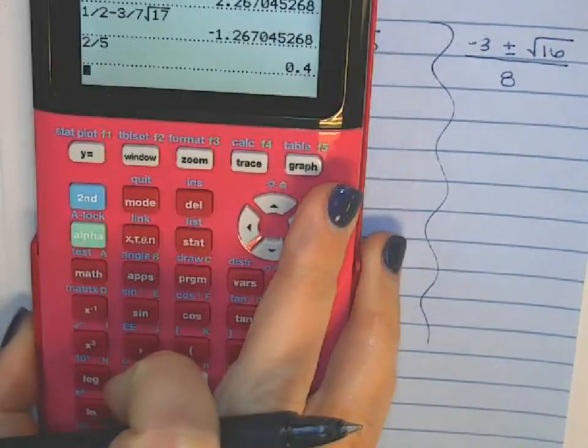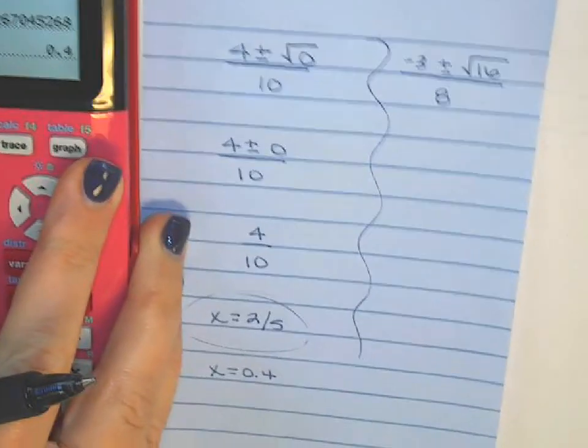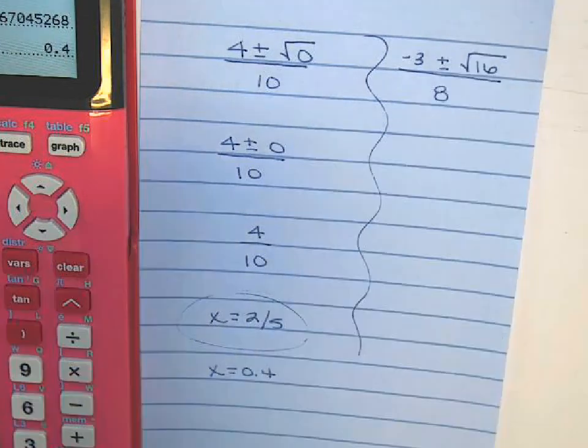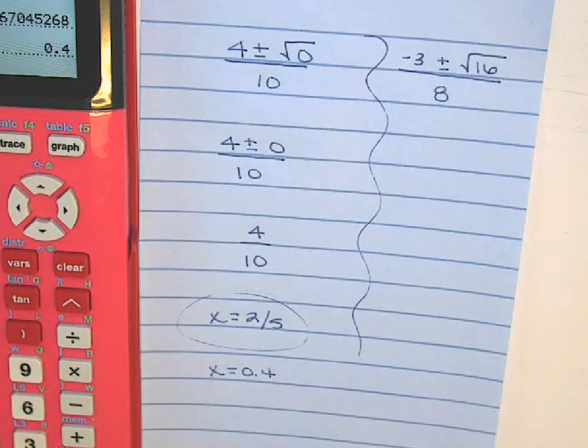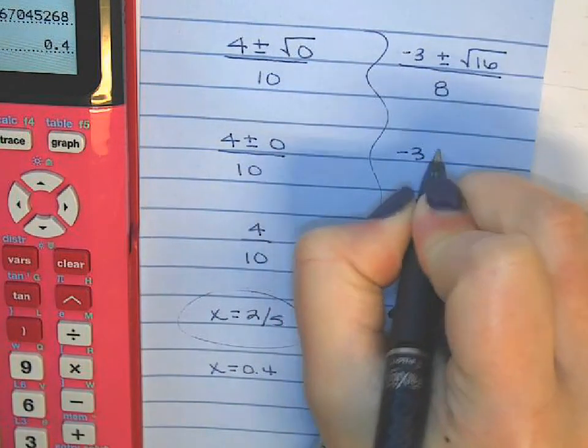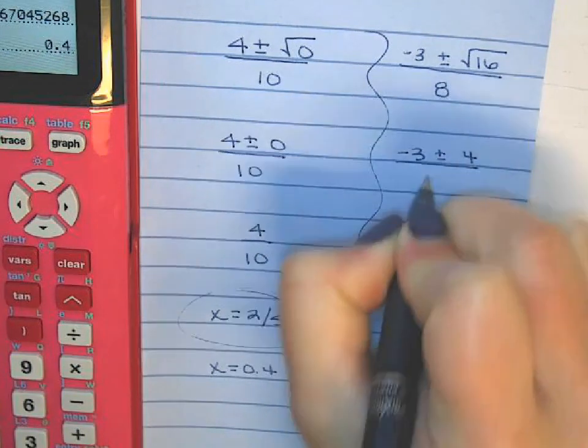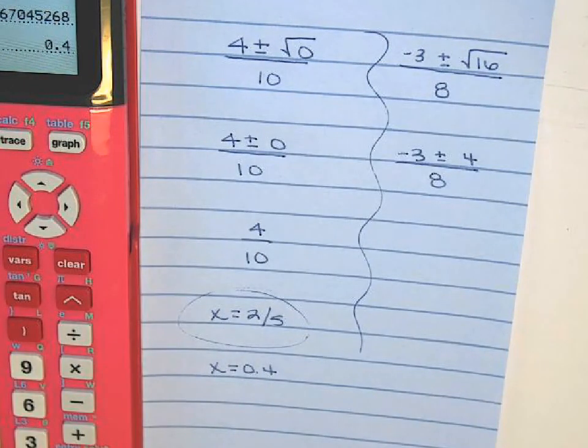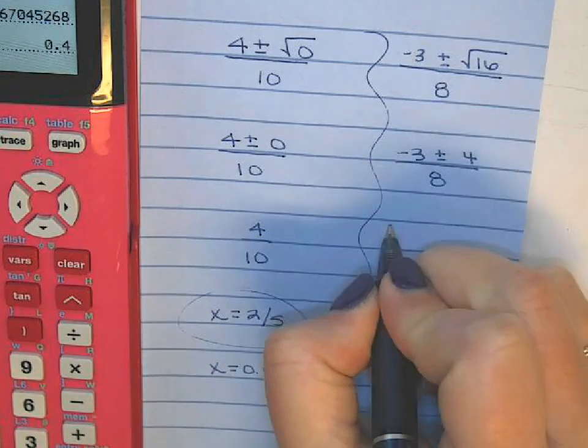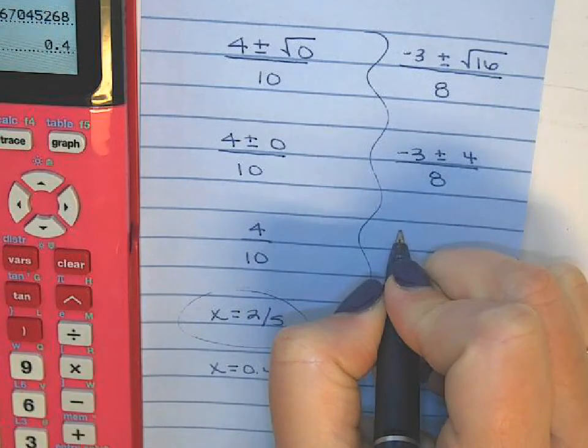Okay, the next one is also just as quick. What's the square root of 16? 4. So in this case, when we do this, you end up with a number there. -3 plus or minus 4 over 8. You can write it and break it up into your two fractions.